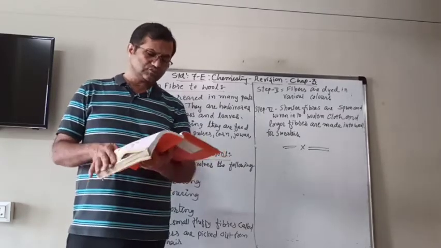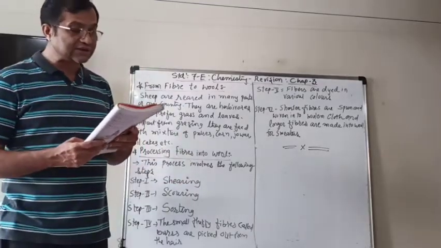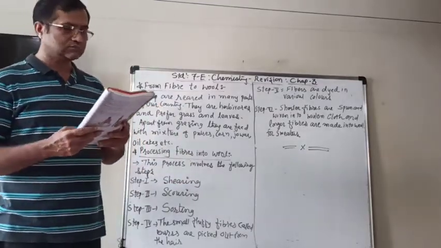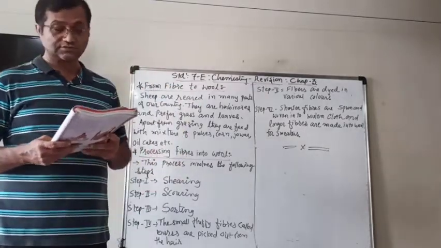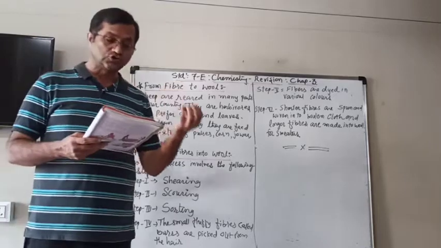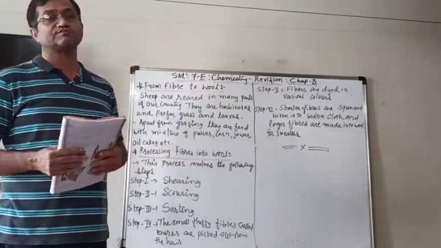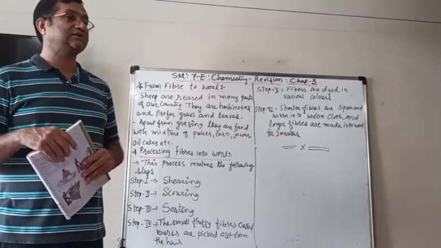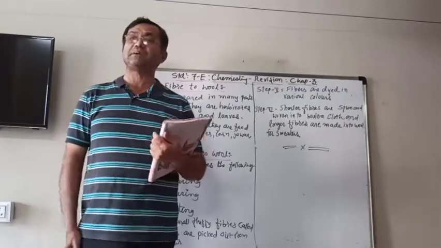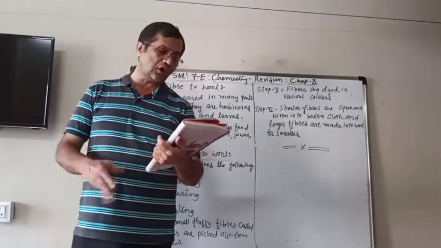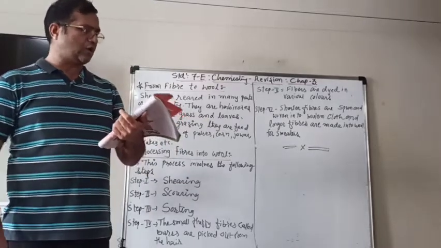But for their better growth, apart from grazing, they are also given a mixture of pulses, corn, jowar, and oil cakes. Oil cakes means the seeds from which we get oil. After extracting the oil, the remaining parts are known as oil cakes. And minerals are also given.